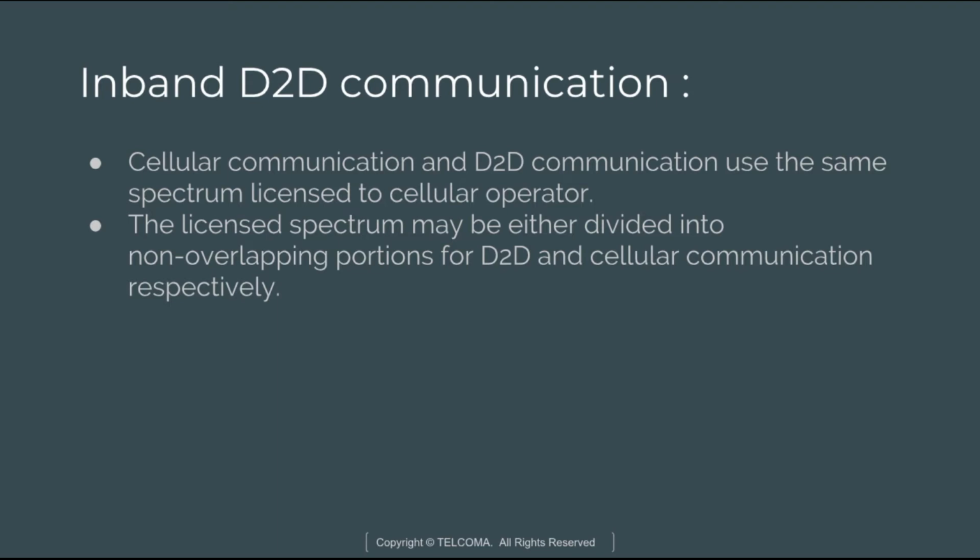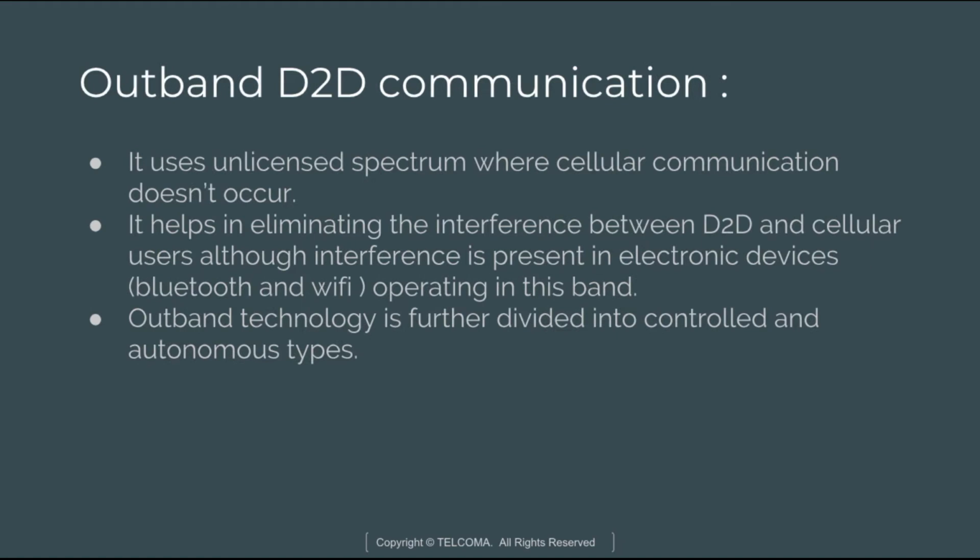I will reserve some portion for D2D and some portion for cellular communication respectively. In-band basically means that you have the same licensed band and you have to use it for D2D and cellular communication. Out-band is totally opposite to that. It uses the unlicensed spectrum where cellular communication does not occur. That means you have a band for cellular communication and you use another band for device-to-device communication.